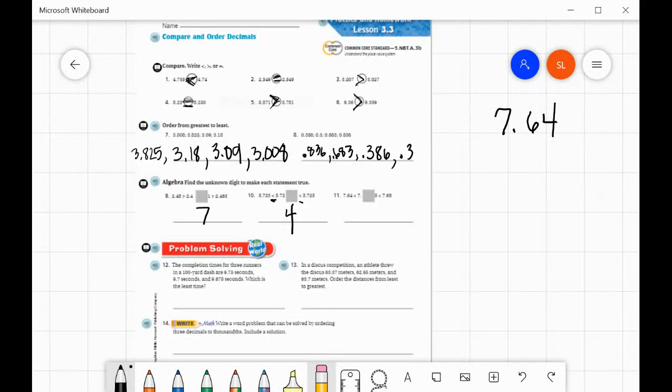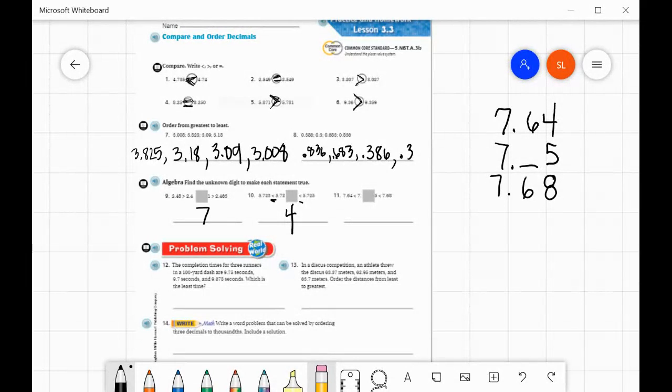These are going from smallest to largest again. 7.5 and 7.68. All right. So what number would have to go in place here? We're going from smallest to largest. We have 4, 5, 8 here.